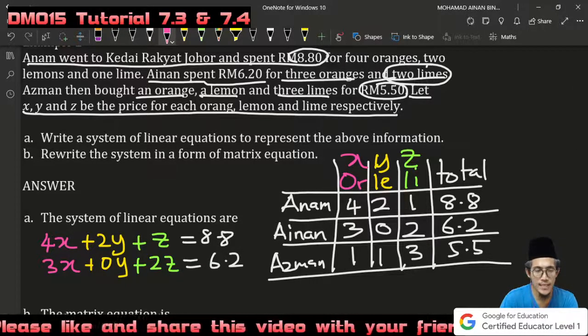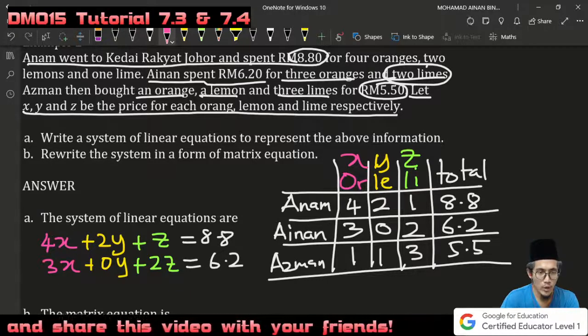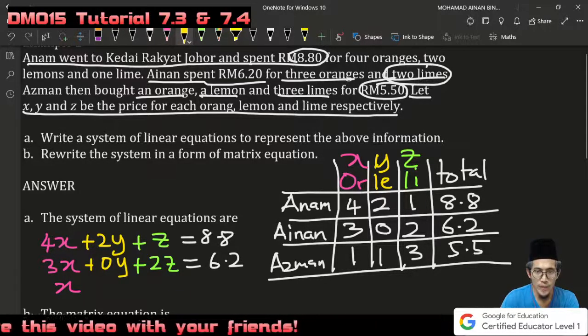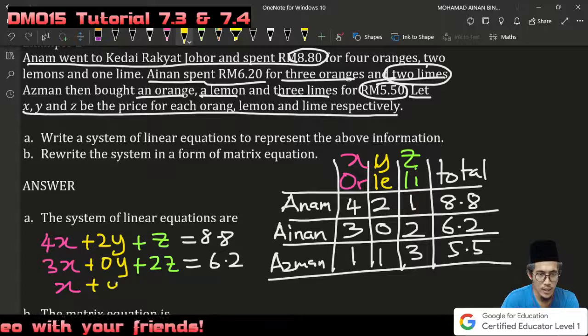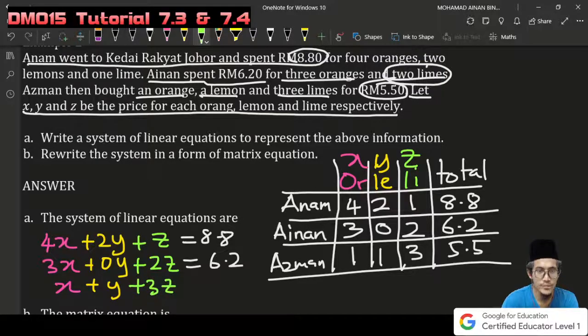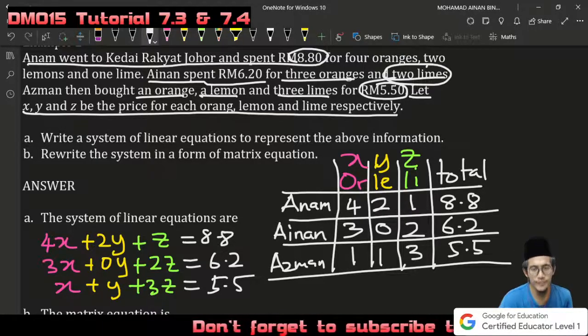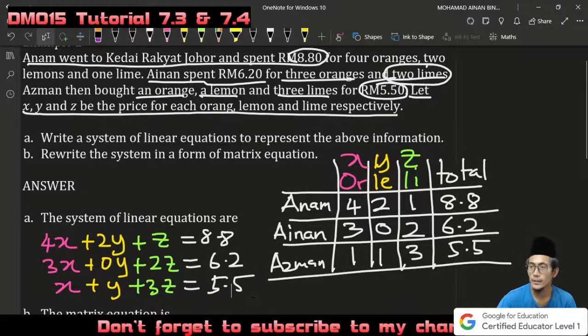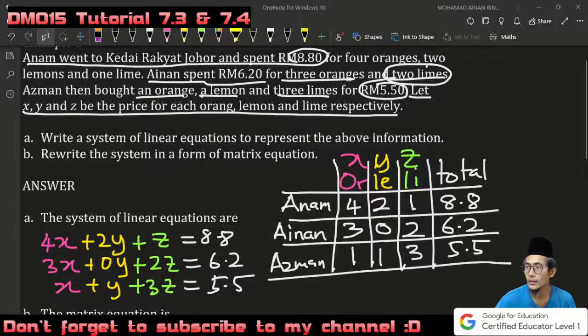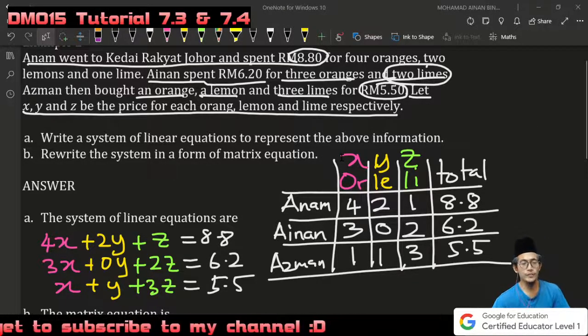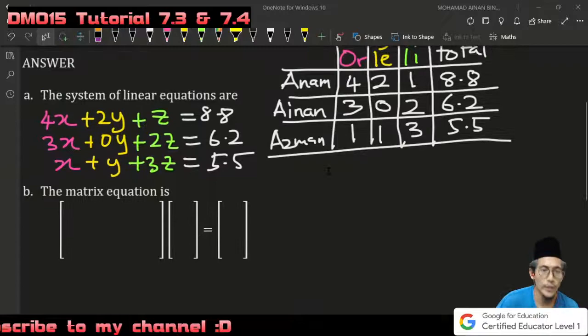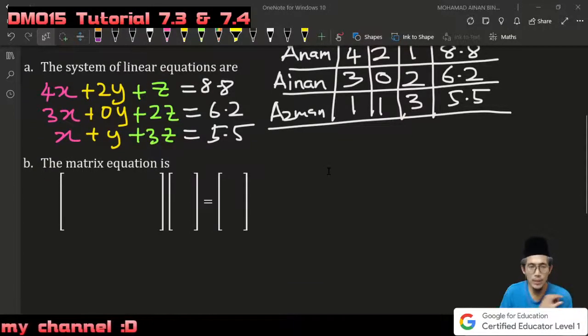And then next, Azman bought 1 orange, plus 1 lemon, and then plus 3 limes, and then the total is 5.5. Okay, 5.5.